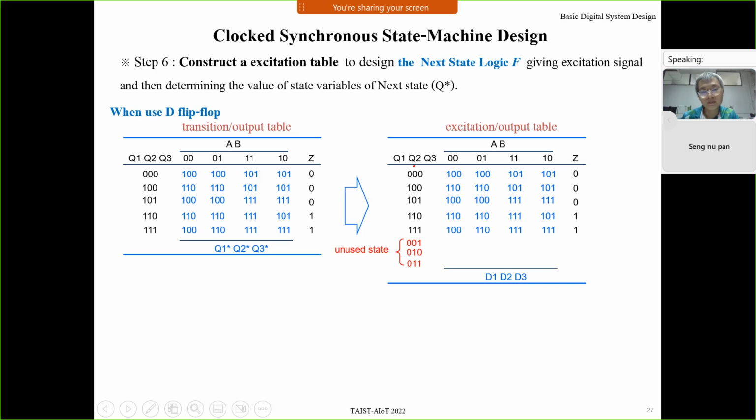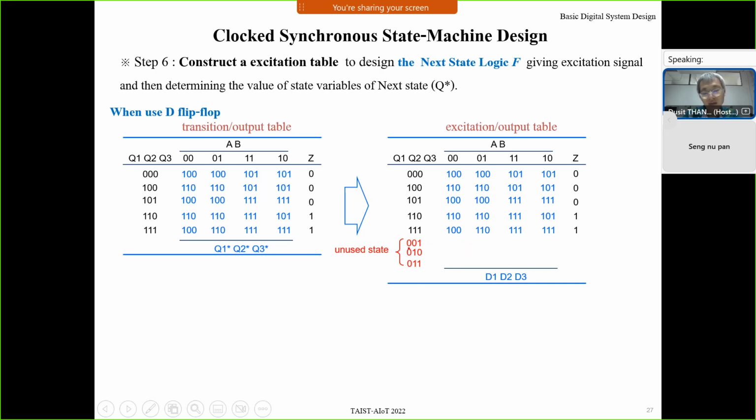Anyway, for this example, there are 3 bits of state variable which can represent from 000 to 111. But now we use only 5 states, right? The codes 001, 010, and 011 are not used, or become unused states. The problem is what is the output of this state, or what is the next state of this state?